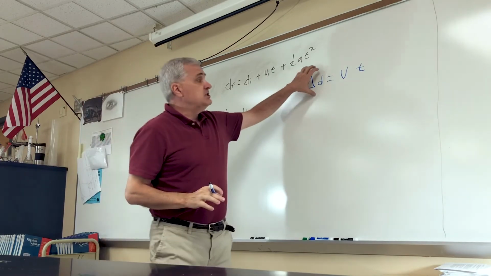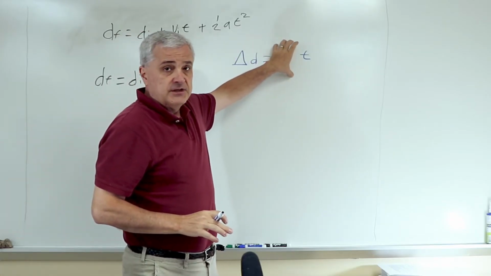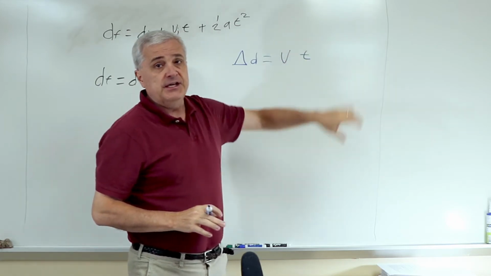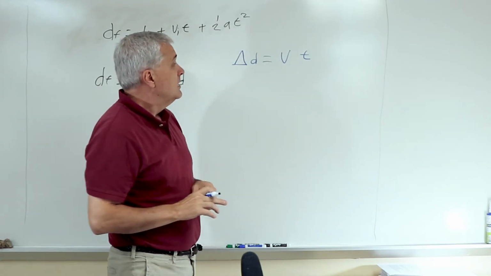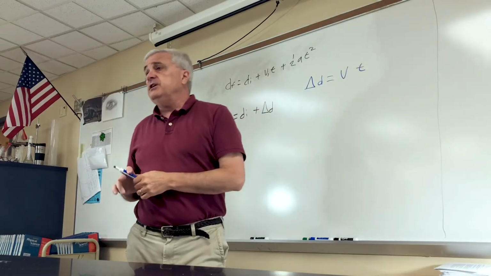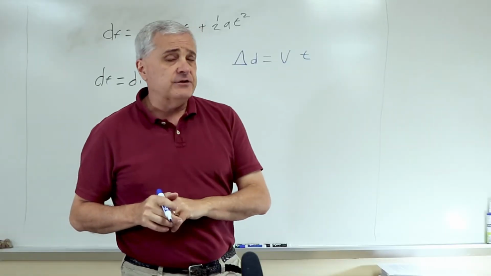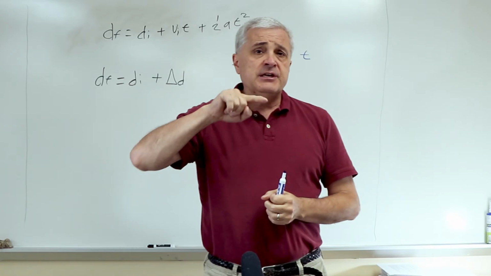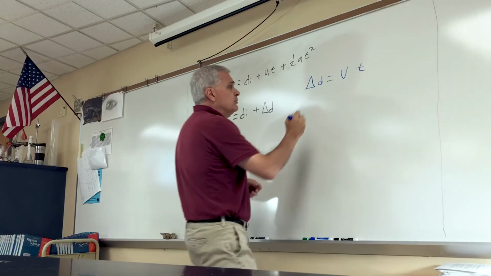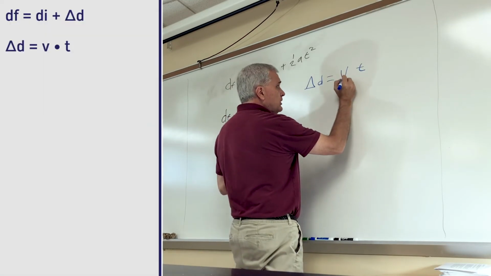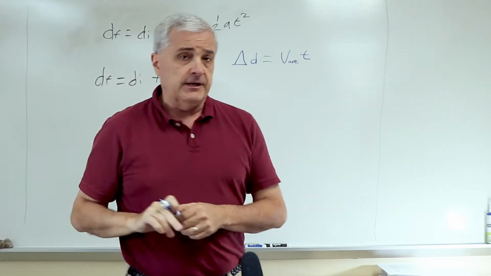The displacement is going to change based on the rate of motion, velocity, and T, the amount of time that it moves. But we have to consider this V a little bit differently. In this case, it's going to be the average velocity, because as something is accelerating, the velocity is changing. So we're going to squeeze in here V average, the average velocity.